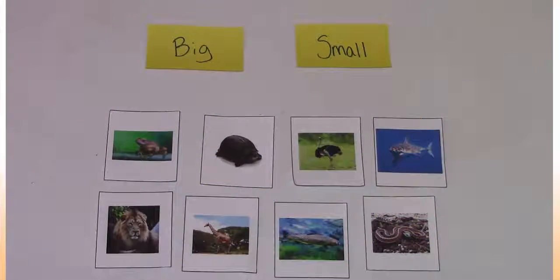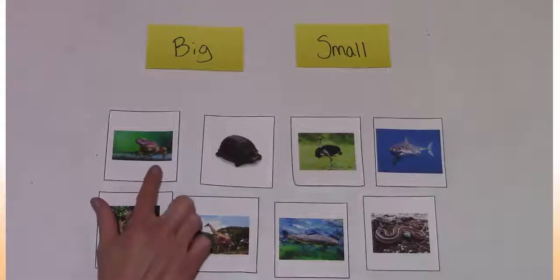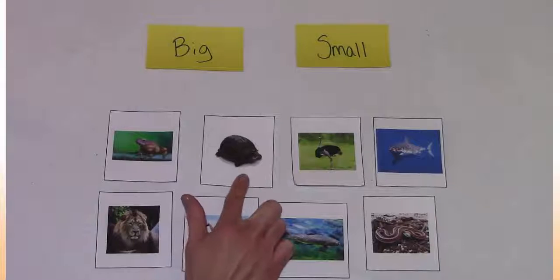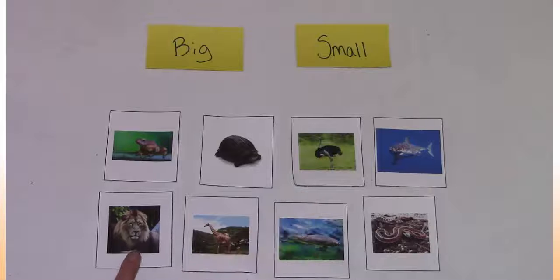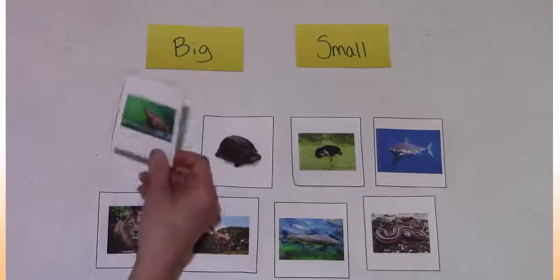Let's think about how we would group animals if we just started looking at some random animals like a frog, a turtle, an ostrich, a shark, a lion, a giraffe, a trout, and a snake. The first way we could put these animals into a group is to do big animals versus small animals. Let's take a look. You think about where you think each animal should go.